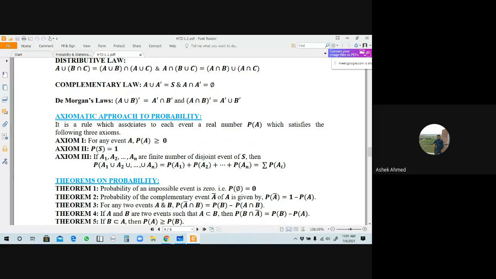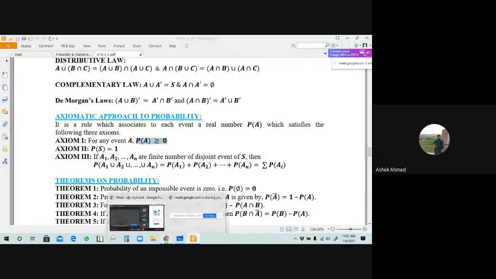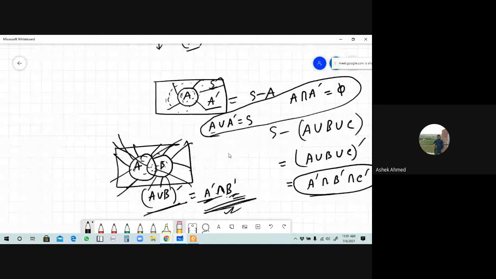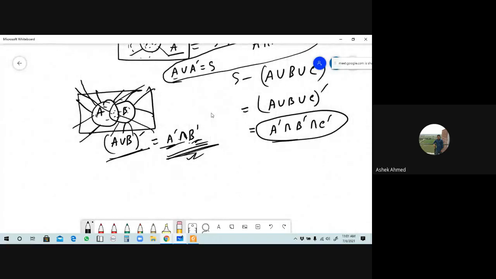It is a rule which associates to each event A a real number, the probability of A, which satisfies the following three axioms. First axiom, as I discussed in the last class: for any event A, the probability must be greater than or equal to 0.